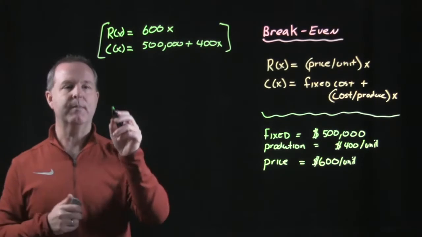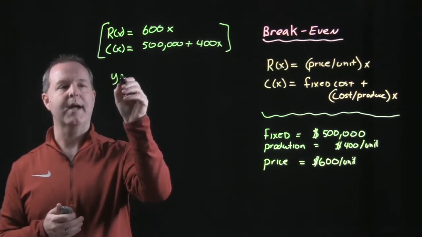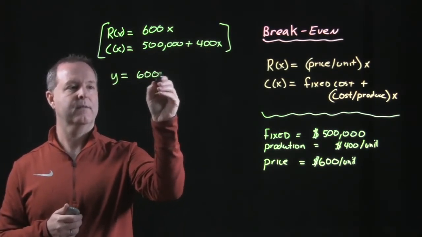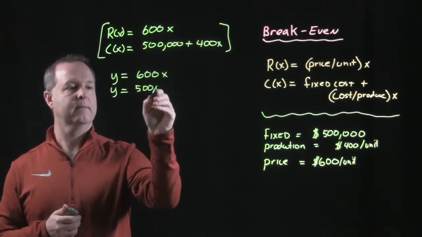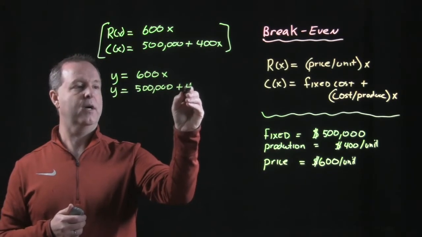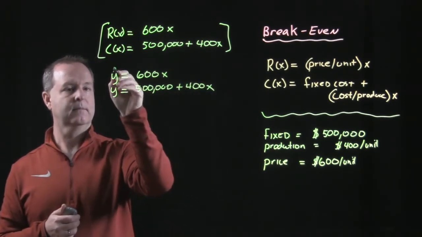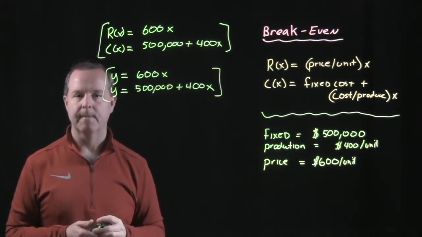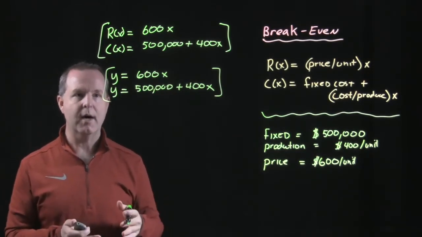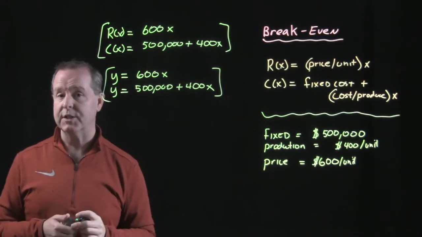So let's modify it a little bit and turn it into an equation. We're going to say y equals 600x and y equals 500,000 plus 400x. It is still a system. So how do you want to solve this system? Graphically, by substitution, or by addition?